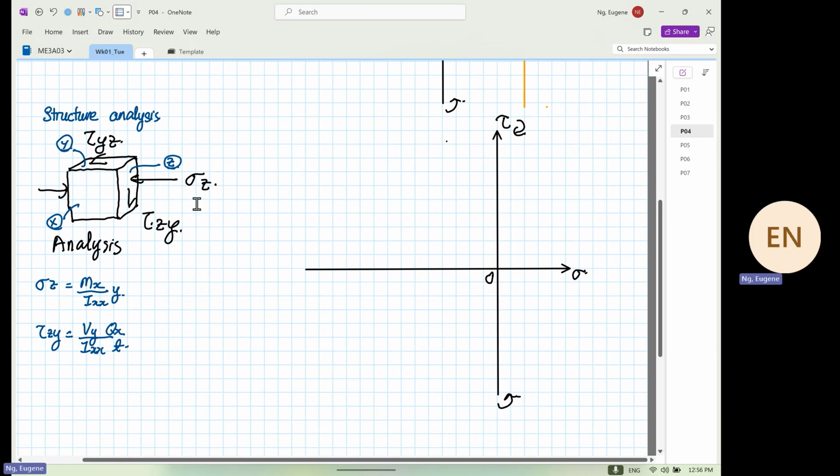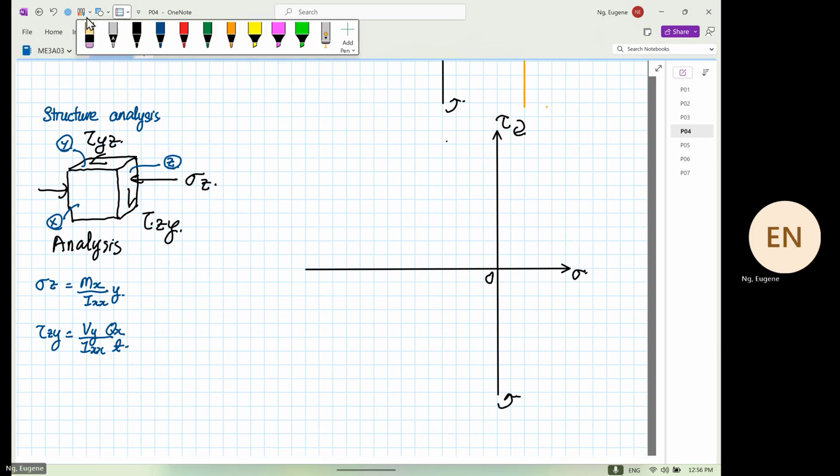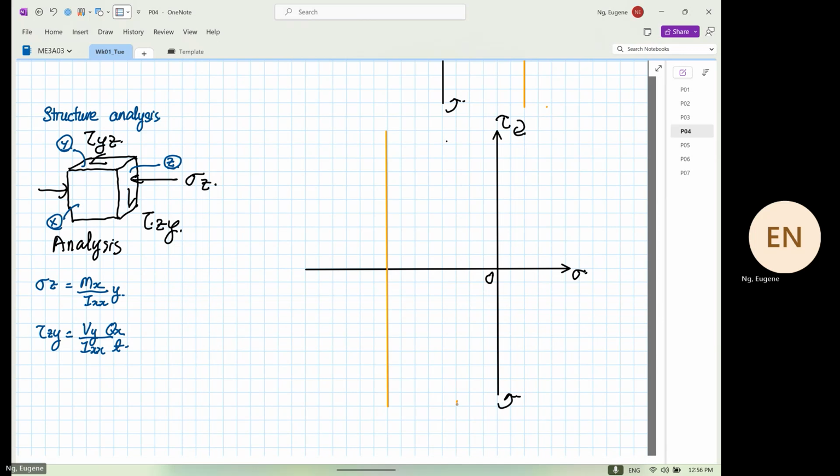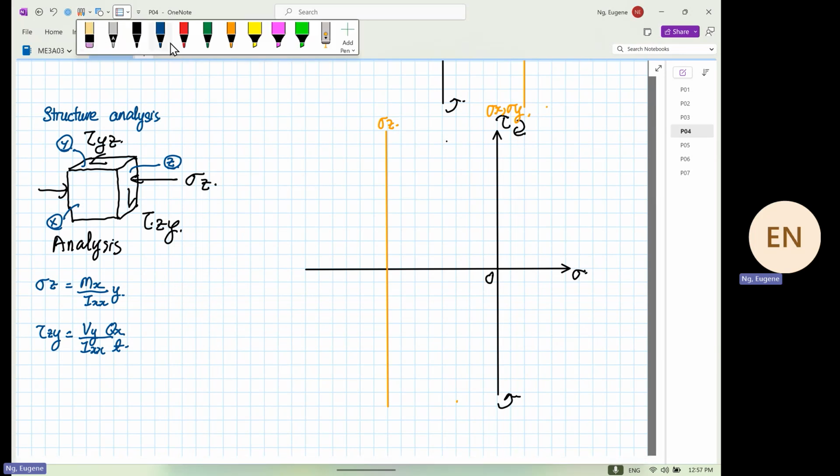Right. So from here, I'm going to have my stress Z. So this is my stress Z. Stress X and stress Y are zero, so stress X and stress Y are on the zero line. Then we have our shear.